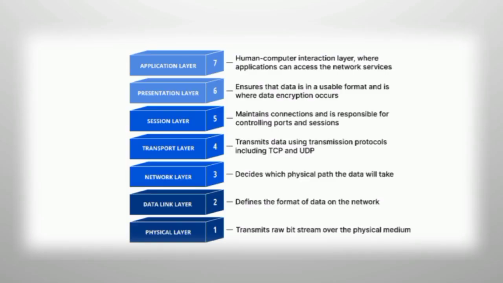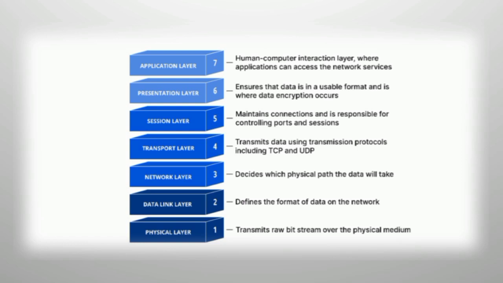The seventh layer is the application layer, the human-computer interaction layer, where applications can access the network services. Sixth, the presentation layer ensures the data is in a usable format, and is where data encryption occurs. Fifth, the session layer maintains communication and is responsible for controlling ports and sessions.